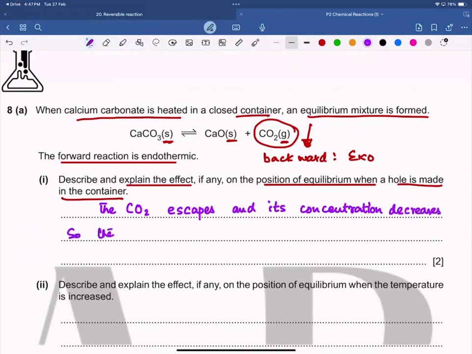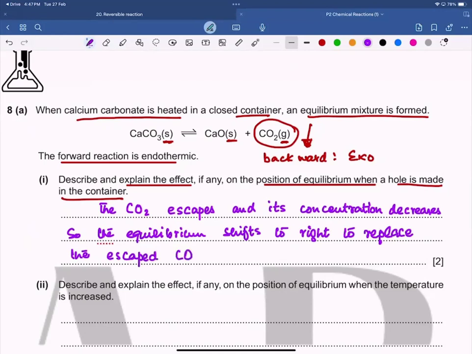So the equilibrium shifts to right to replace the escaped CO2. Is this clear? Yes, sir. Yes, Aisha, Amir, Aisha, Usman, Mujtaba, Mustafa, and Saad. Yes, sir, it's clear.